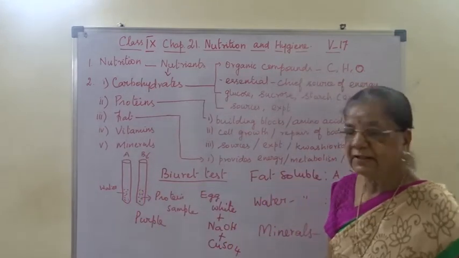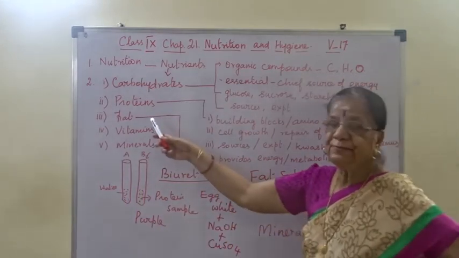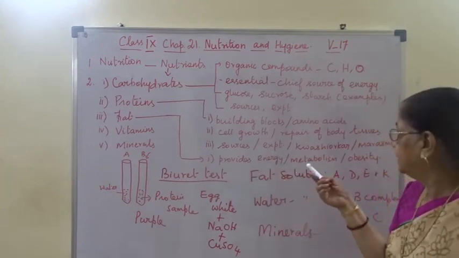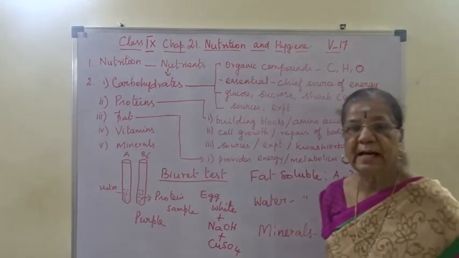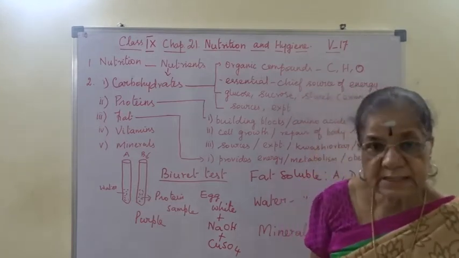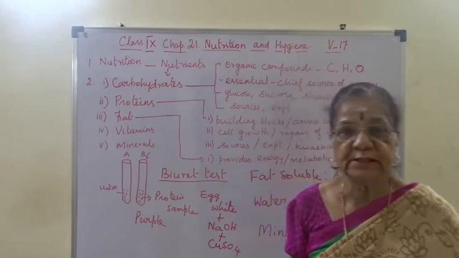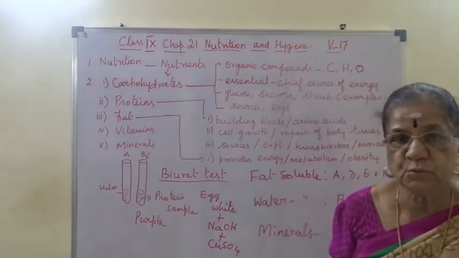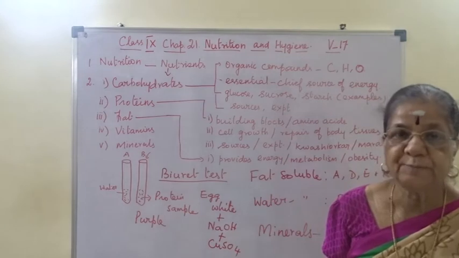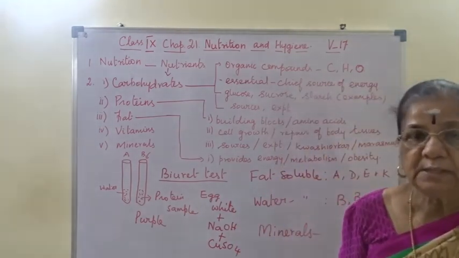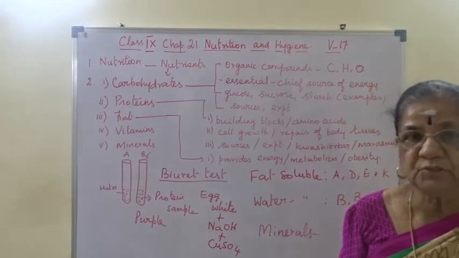I hope you understand. The next one is fat. Fat provides energy and takes part in metabolic activities. And extra fat, when it is accumulated, is stored in the adipose tissue. We have studied tissues: in animal tissue, connective tissue includes areolar and adipose tissue.